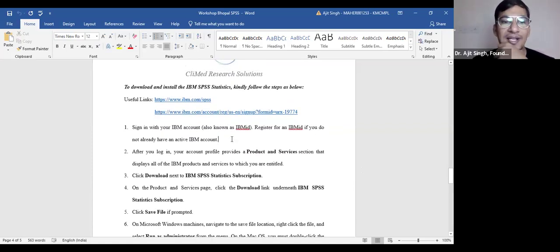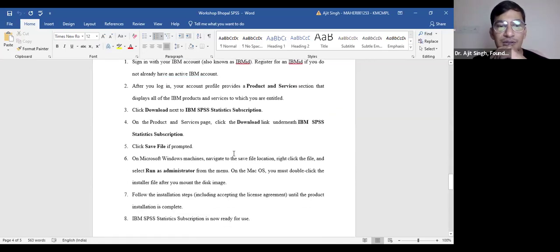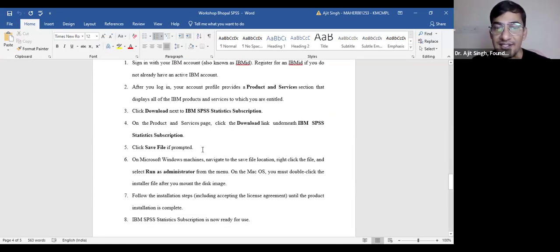So guys, this is simple. Sign up with an IBM ID, go to the product services, download, and save the file. Once on a Microsoft Windows machine, navigate to the saved file location, right click on the file and select Run as Administrator.